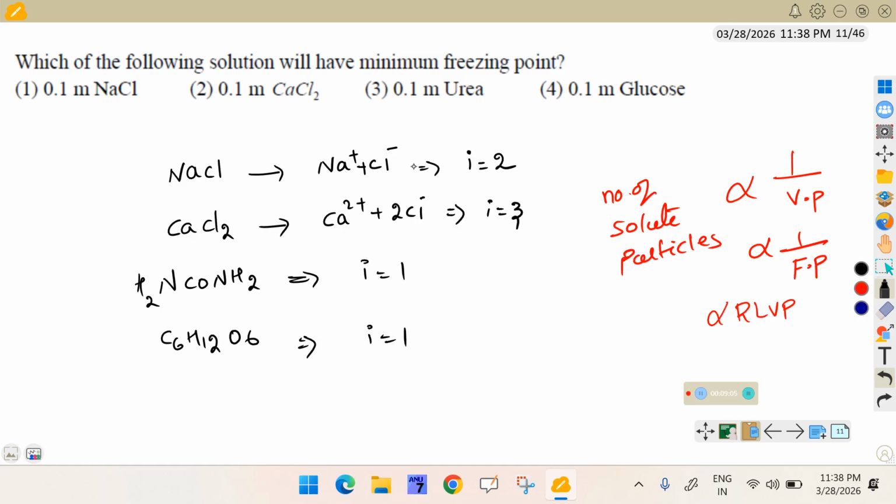Anyway, here the question is between freezing point and number of solute particles. Number of solute particles is inversely proportional to freezing point. So as number of solute particles increases, freezing point decreases. Based on that, the correct answer is CaCl2.